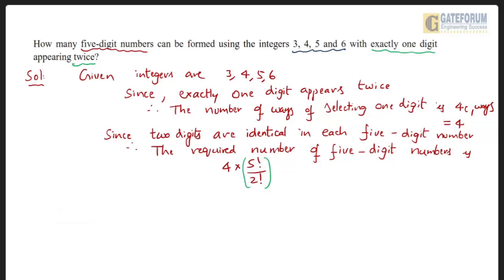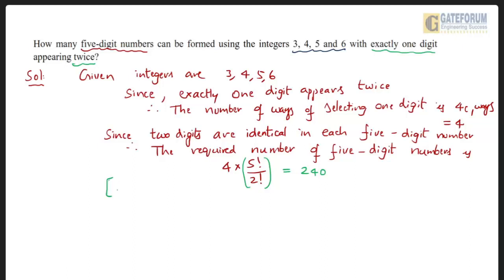If only 3 is repeated, then the answer is 5 factorial by 2 factorial. Any one of these digits from 4 digits can be repeated in 4 ways. So the total number of 5-digit numbers is 4 into 5 factorial by 2 factorial. Finally this simplifies: 5 factorial value is 120, 2 factorial value is 2. So 4 by 2 is 2, 2 into 120, 240 ways.